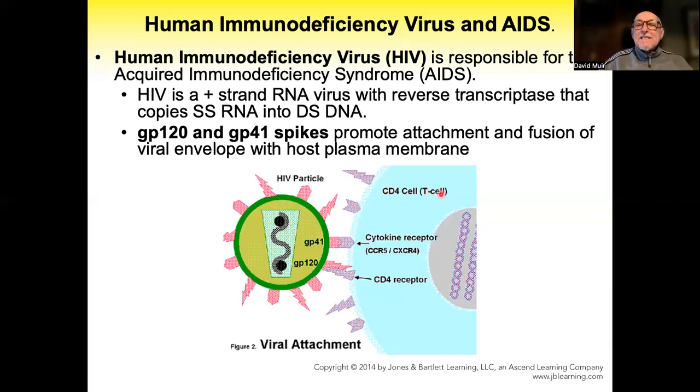Now it says here T cell, but not all T cells are in fact CD4 cells. The most important host cell for humans is the T helper cell. And a T helper cell interacts with B cells, which actually produce antibody. They interact with B cells to enable them to produce abundant antibody of high potency.